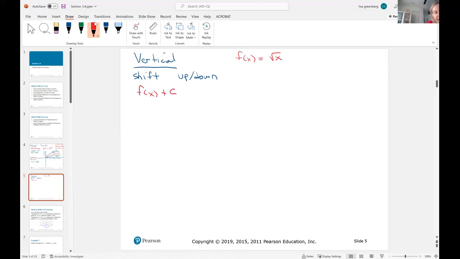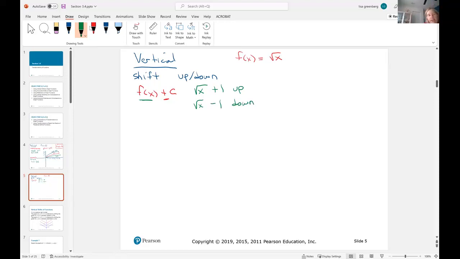So we're adding or subtracting outside of the function. Here's our function, here's our y, right? So notice it's not inside affecting x, it's outside changing y. So for example, we could have the square root of x plus 1, okay? That would shift up. Or we could have the square root of x minus 1, that would shift down.